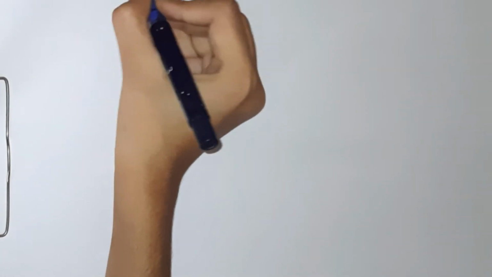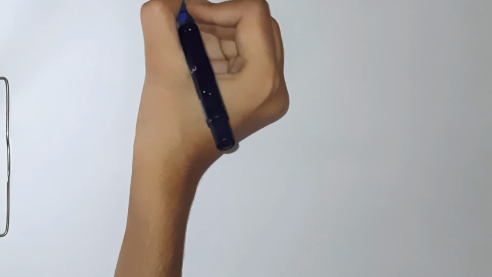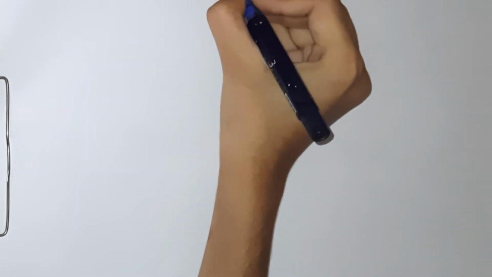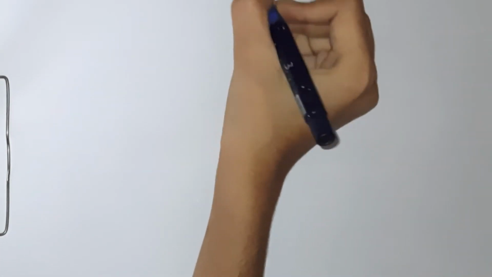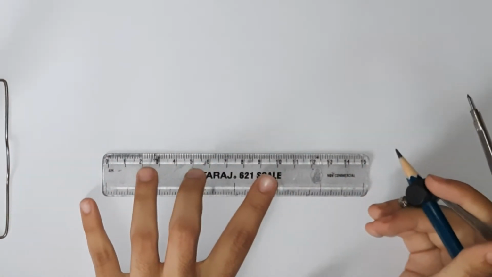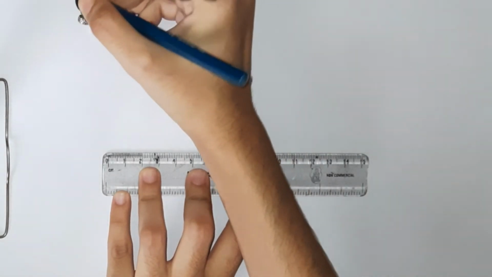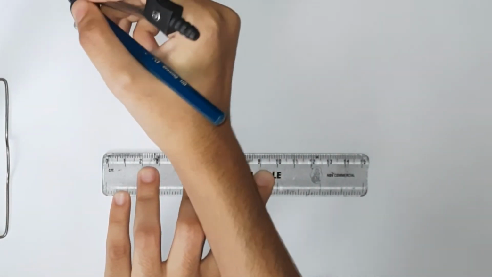So the question is to locate root 3 on number line. This is example 4. So in the same way, first we will take a scale and a pencil and we'll draw a line. Now here we are going to find root 3.